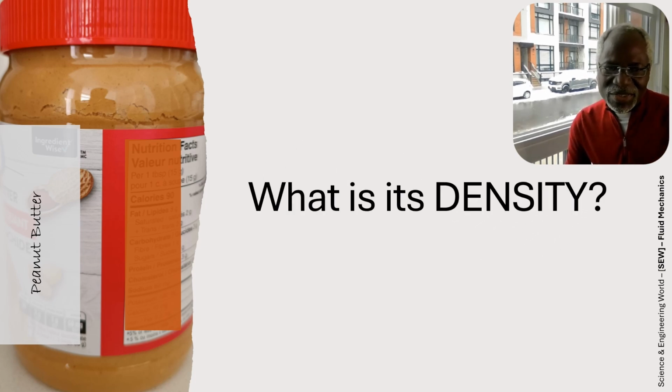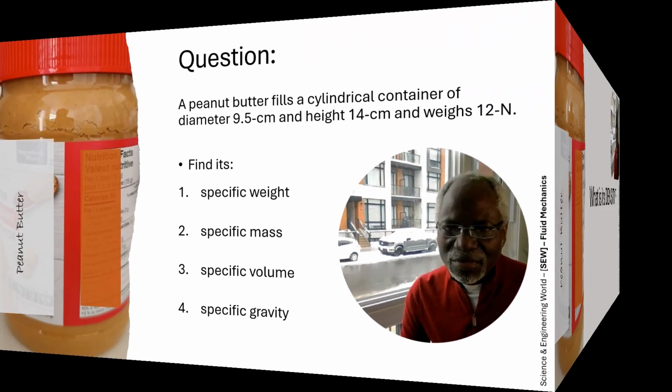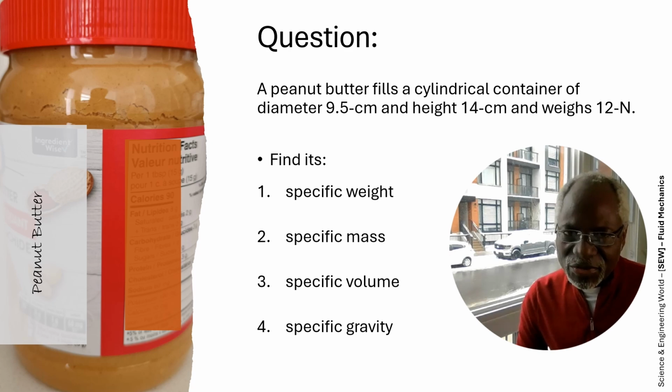Today we are looking at the density of peanut butter. What is the density of peanut butter? This scenario here is that peanut butter fills a cylindrical container of diameter 9.5 cm and height of 14 cm.